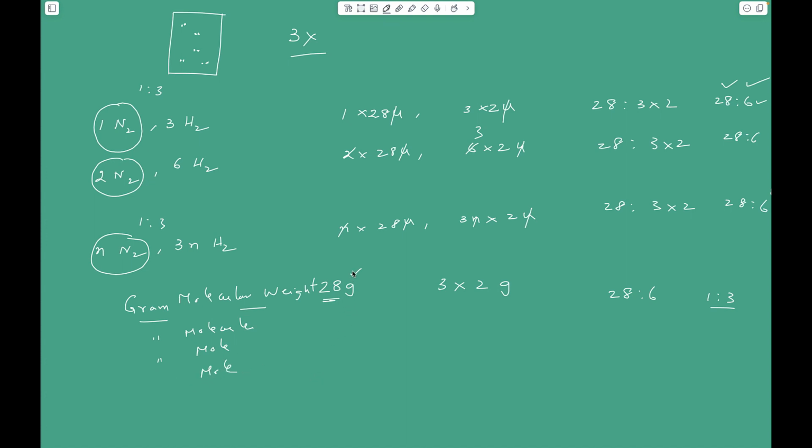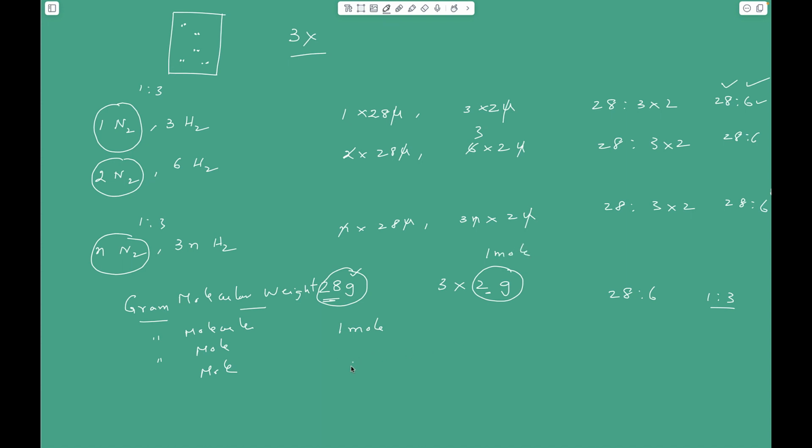So that means if you have 28 grams of nitrogen with you, you have 1 mole of nitrogen. Similarly, molecular weight of hydrogen is 2. So 2 grams of hydrogen by the same logic is simply 1 mole of hydrogen.